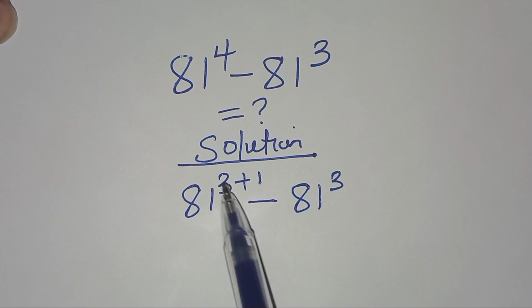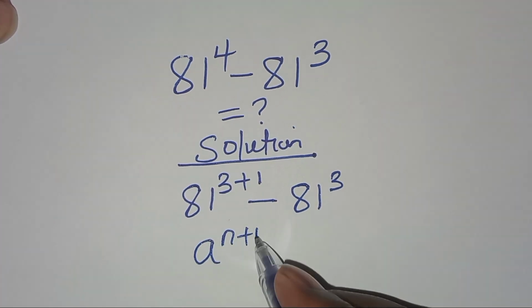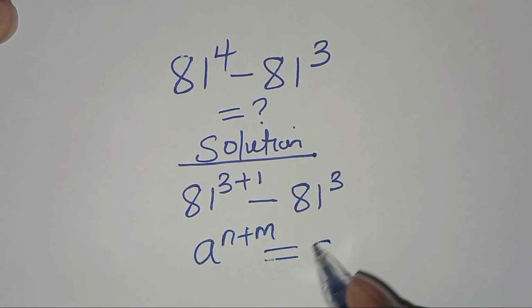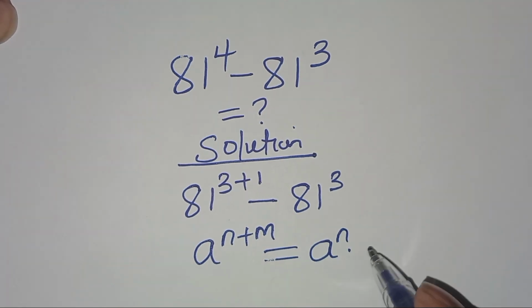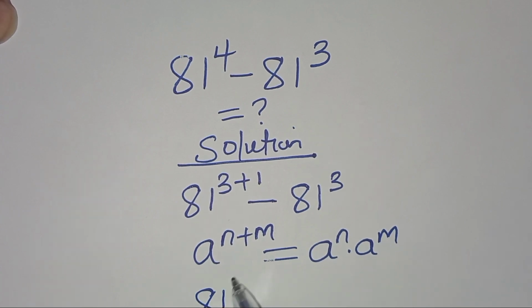Now, 81 raised to power 3 plus 1, this is in the form of a to power n plus m, which we can express as a to power n multiplied by a to power m. Applying this exponent property, then we'll have 81 to power 3 times 81 to power 1 subtract 81 to power 3.